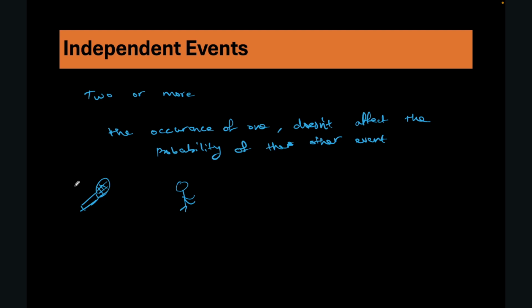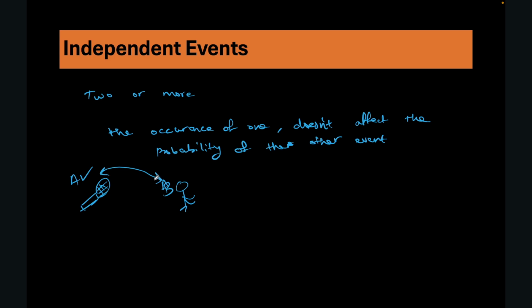Now if friend A wins his tennis match, will that have any effect on his friend B? No. Friend B's performance is independent of friend A's performance, and vice versa.